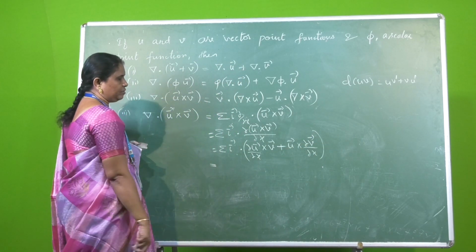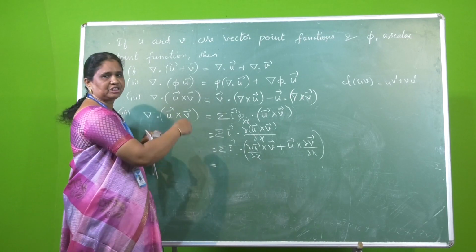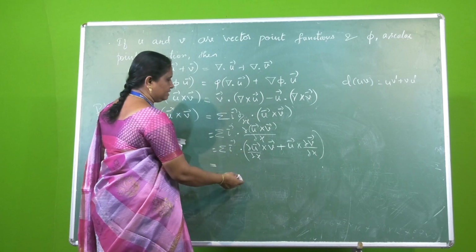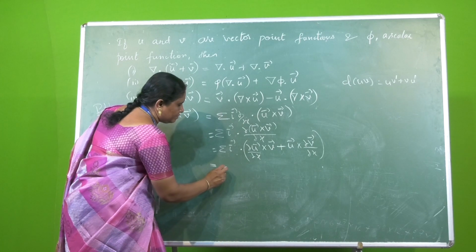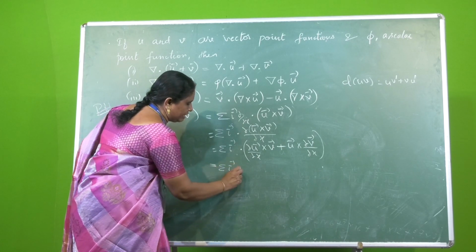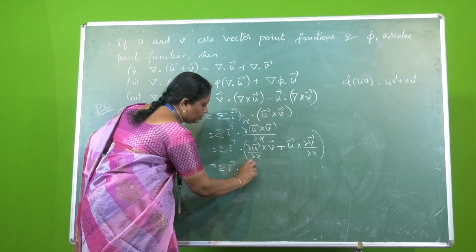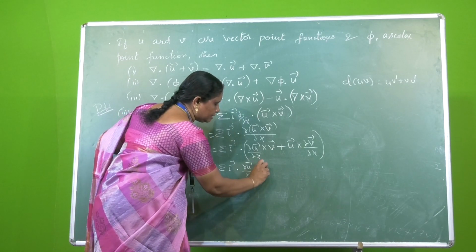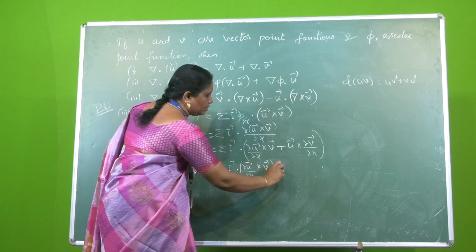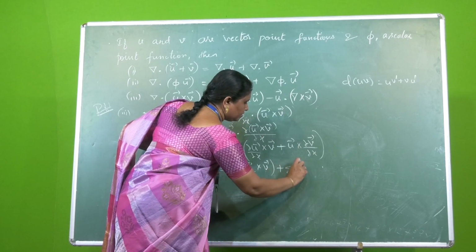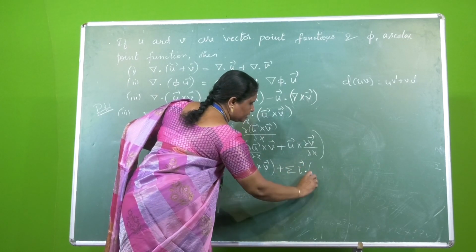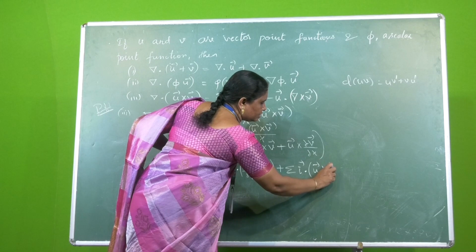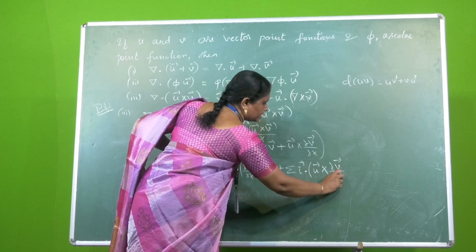So in the next step we are bringing the summation i to the terms inside the bracket. So we have summation i vector dot dou u vector by dou x cross v vector plus summation i vector dot u vector cross dou v by dou x.